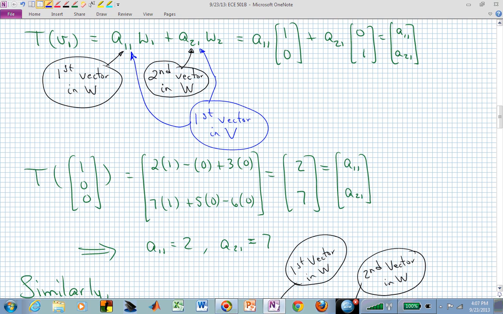That translates into these two parameters ending up as A11 and A21, where the second subscript says that it's associated with this input space vector, the first one, and the first subscripts, 1 and 2 in this case, say how much of an amount of these two basis vectors you are going to see in this result.